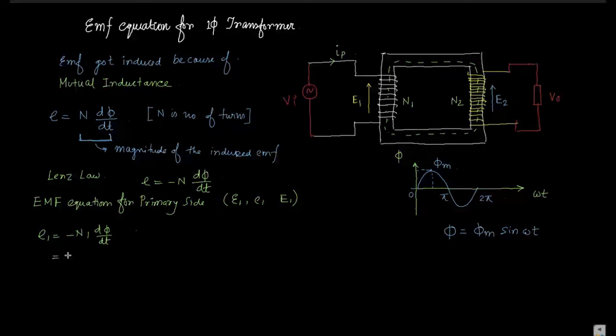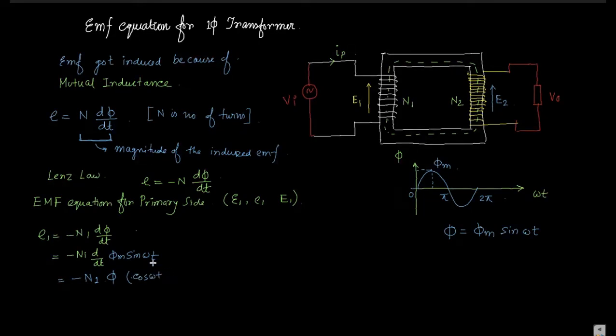So we can write it as minus N1 d dt of phi m sin omega t, as phi is alternating in nature. So it becomes minus N1 into phi m, and the derivative of sin omega t is cos omega t.